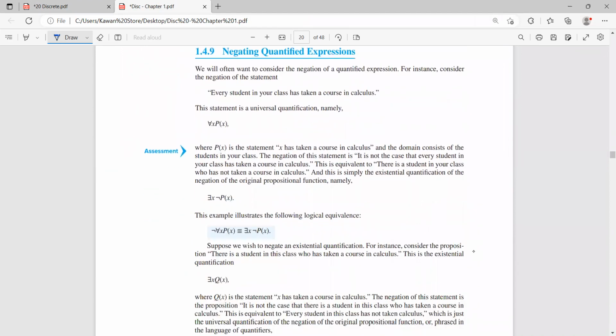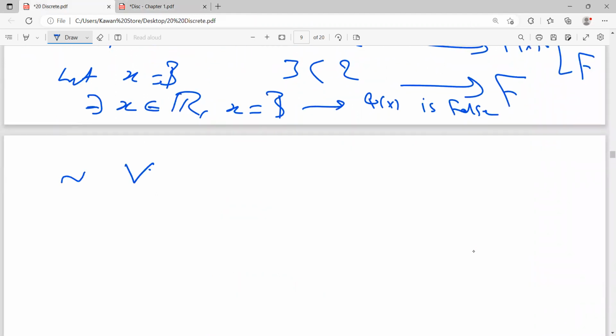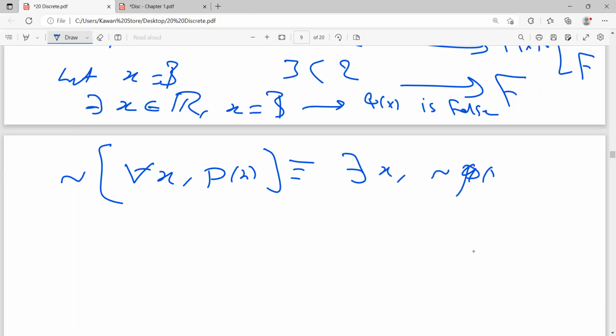Here we have 2 negations. Now, for example, I say the negation of for all x, p of x is equivalent to what? Yalla. We say there exists x such that negation of p of x.